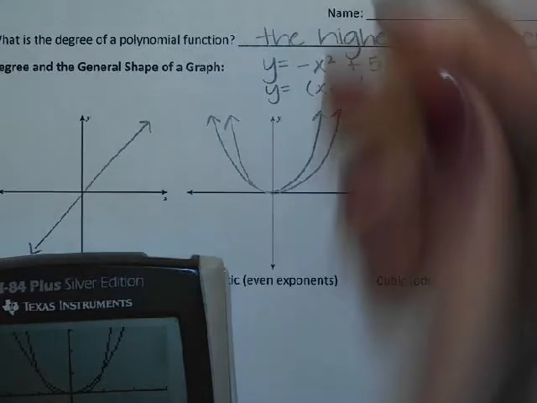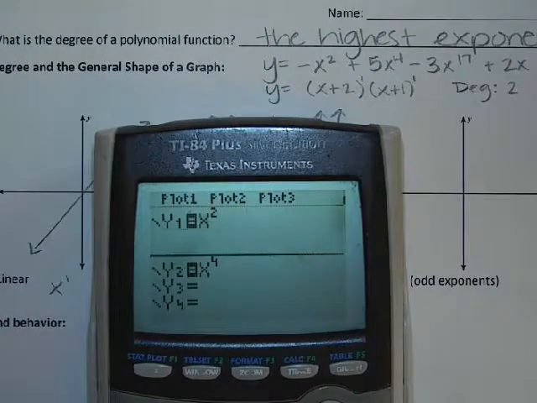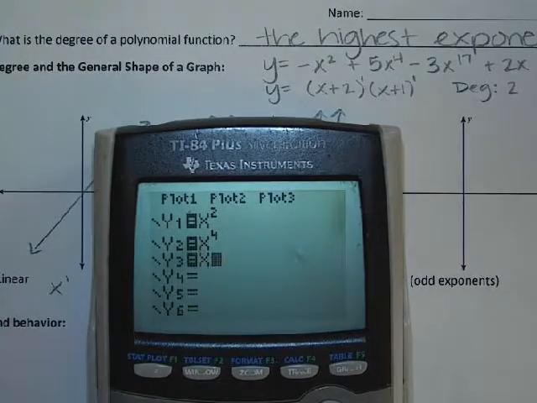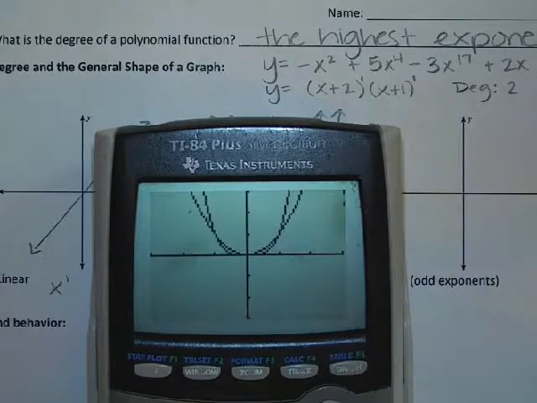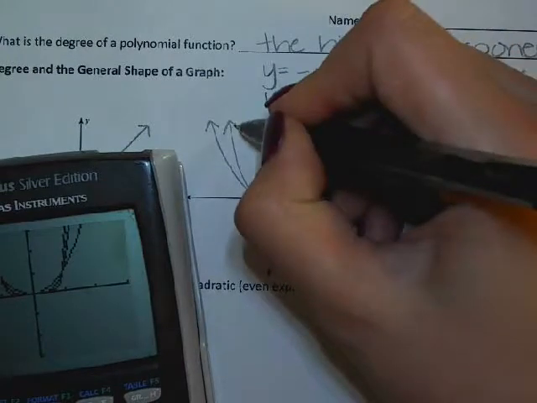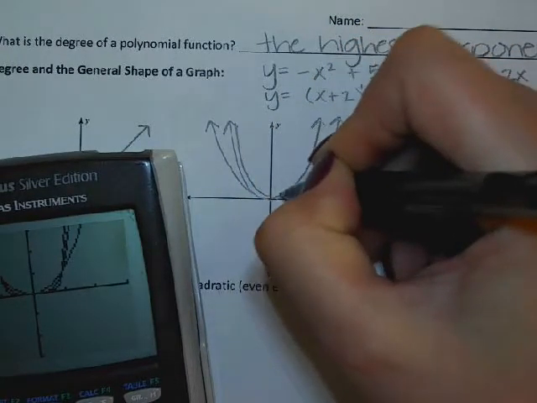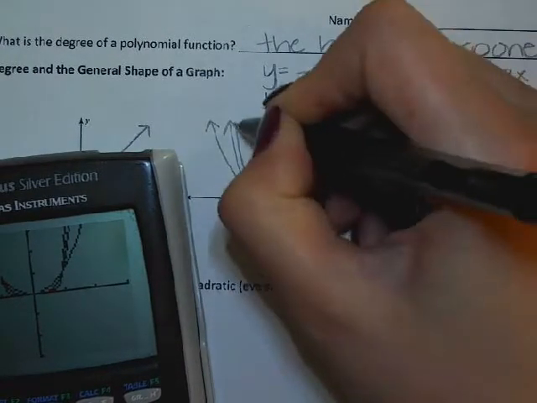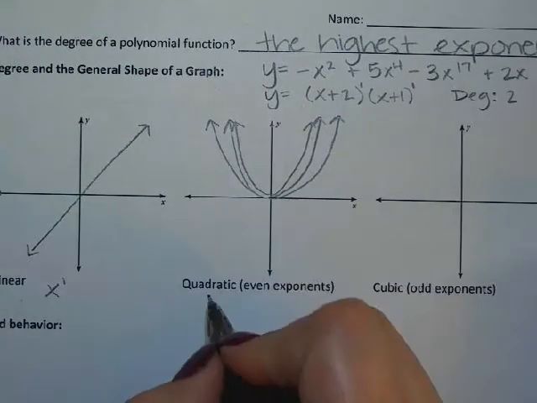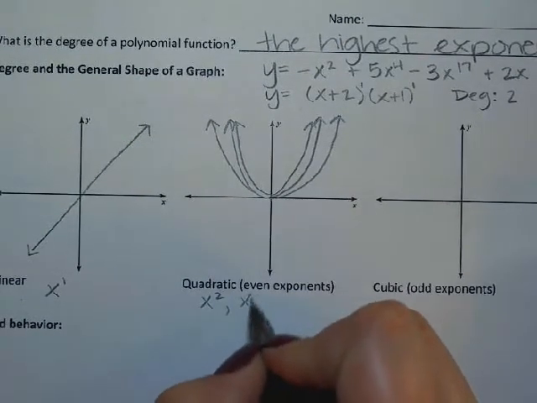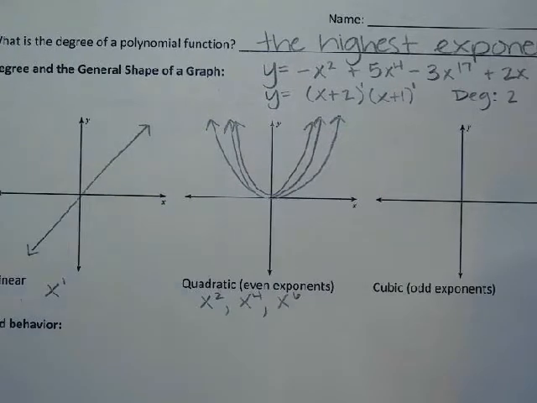Anyone have a guess about an x to the 6th graph? Even skinnier because it grows even faster. But not a whole lot skinnier, just a little bit skinnier. Okay, something like that. So x to the 2nd, x to the 4th, x to the 6th, etc.